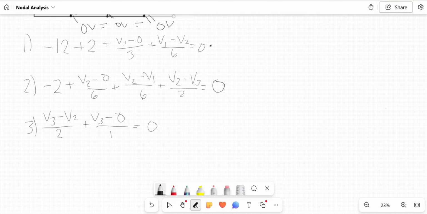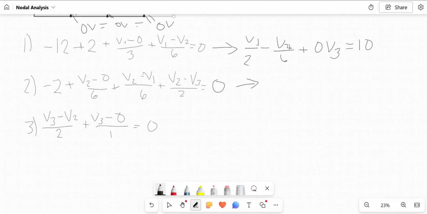And now, solving these equations, we will get V1 over 3 plus V1 over 6 equals V1 over 2, minus V2 over 6, sorry, plus 0 V3 equals 10.